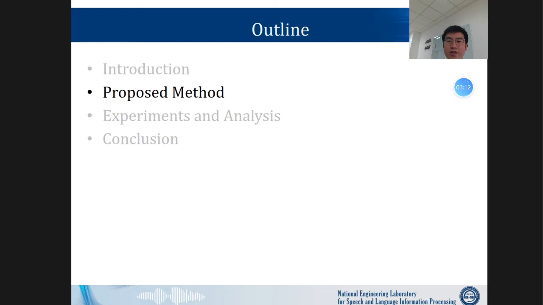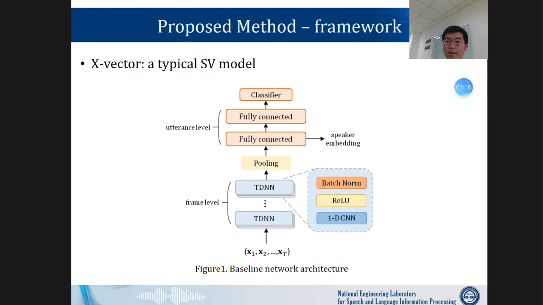In this section, I will outline our proposed algorithm. Let us begin by looking at a typical X-vector SV system. It includes frame-level and utterance-level parts. The frame-level part consists of several TDNN layers, which deal with the local short context information.